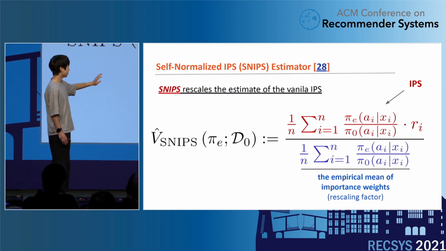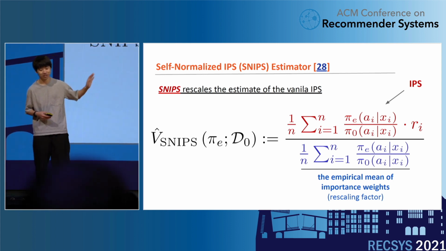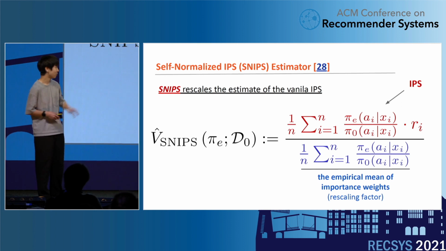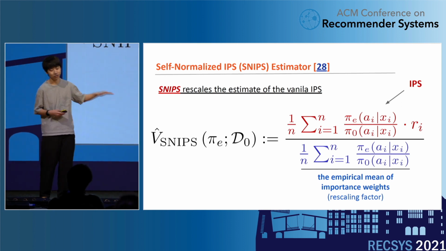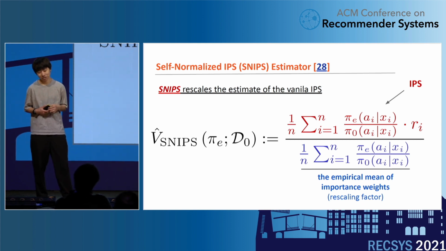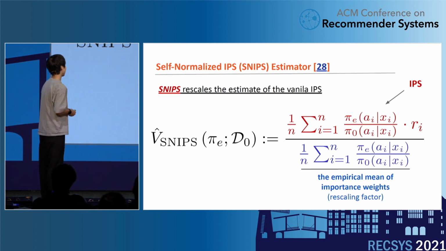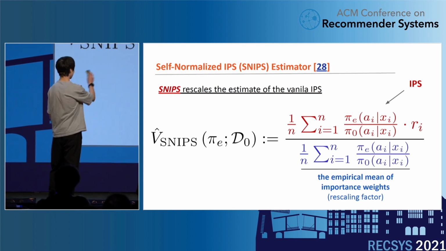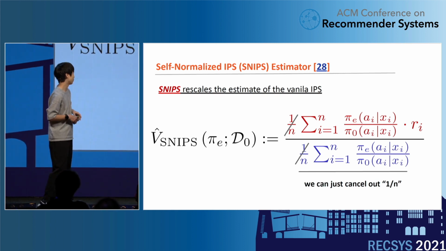So this blue part is just the empirical mean of importance weights. Again, the importance weight is pi e over pi b. And we don't see any reward observations in the denominator, meaning that this is just the empirical mean of importance weights. So this is a kind of rescaling factor. We have a bit of a simpler form because we can just cancel out the 1 over n here.